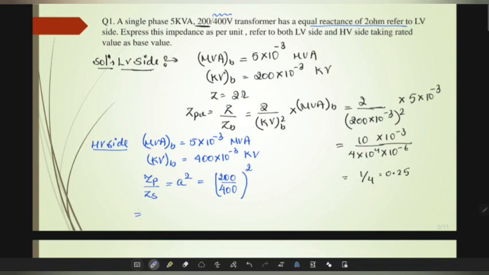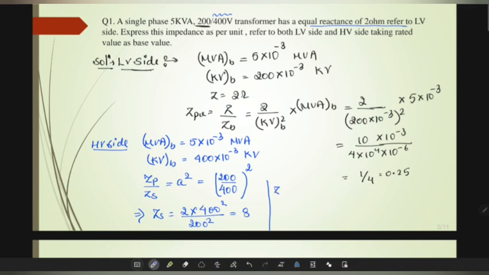Now ZS will be 2 into 400 square divided by 200 square, since the primary side impedance is 2. So you will get 8. Now you got the actual value.